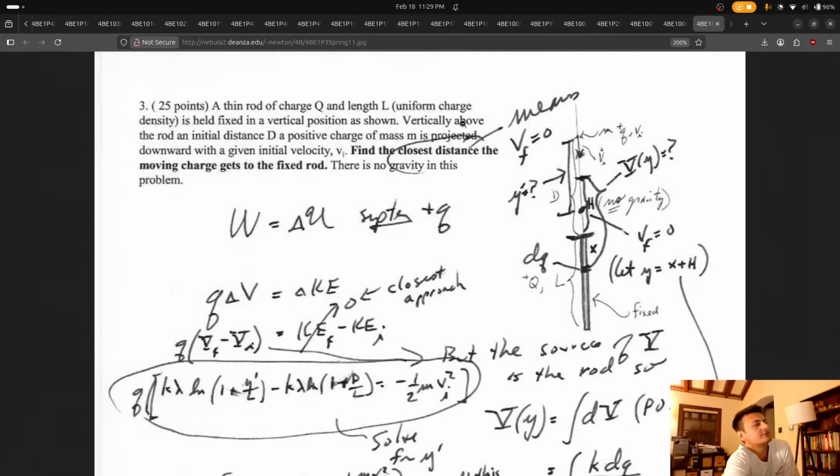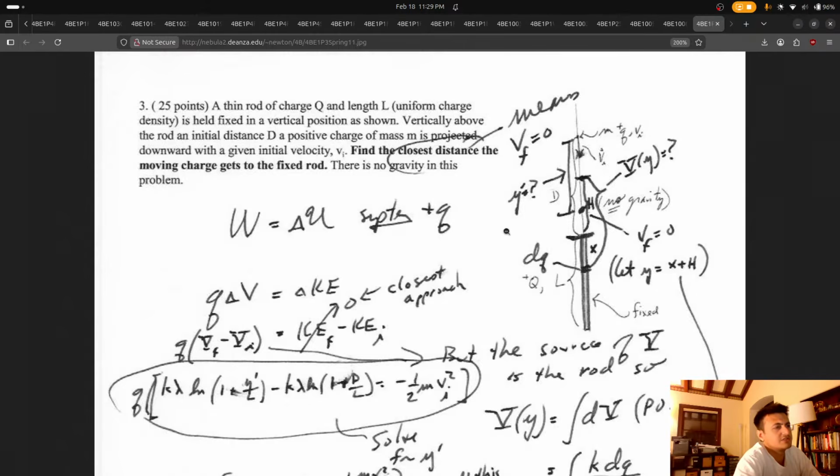Thin rod held fixed in a vertical position is shown. Vertically above the rod, initial distance d, a positive charge of mass m is projected downward. Find the closest distance it gets. There's no gravity. So VF equals 0.